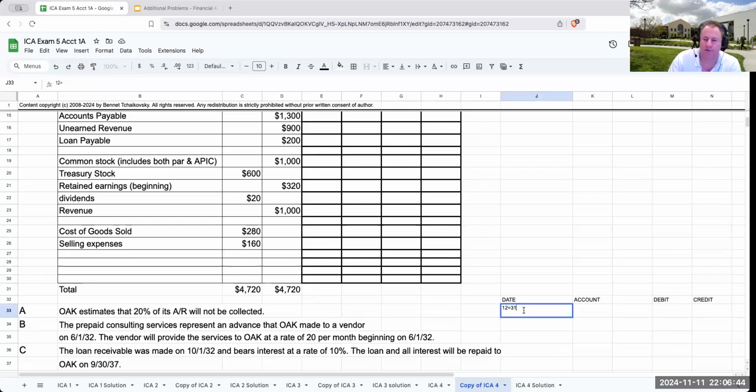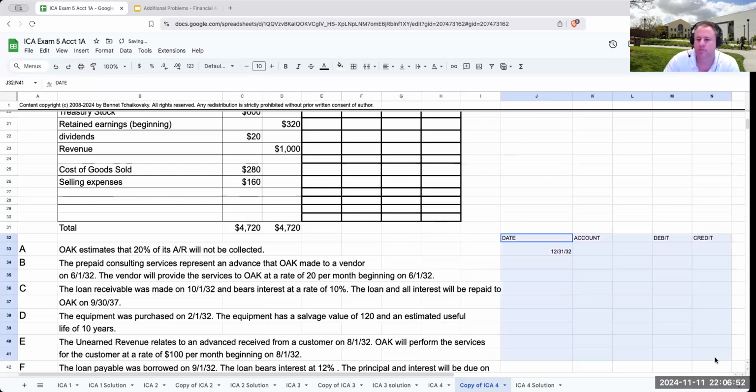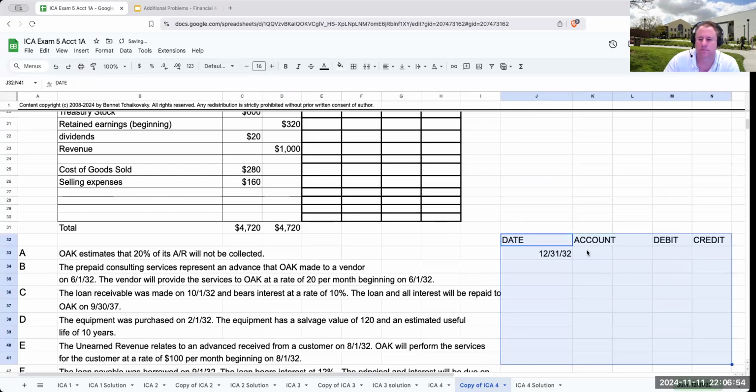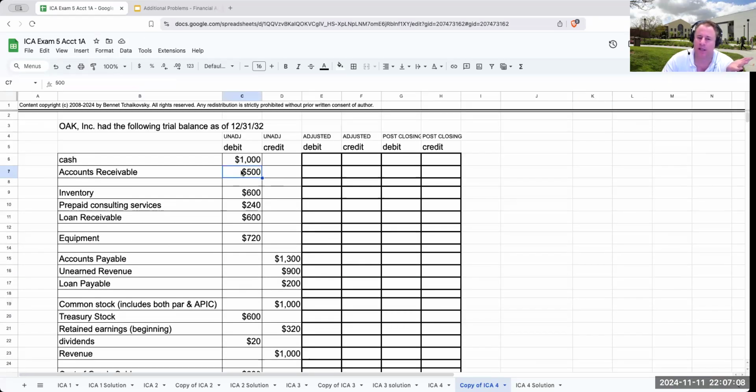So my date for the first one is going to be 12/31/32. And over here, my account is going to be bad debt expense. And I'm going to credit the allowance for doubtful accounts. Now, if I'm estimating that 20% of my accounts receivable will not be collected, this means that I have to create an allowance account, right?